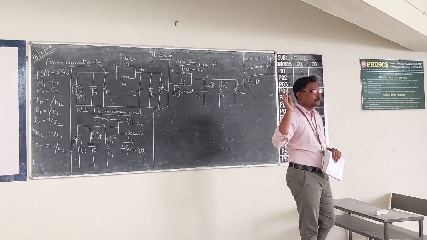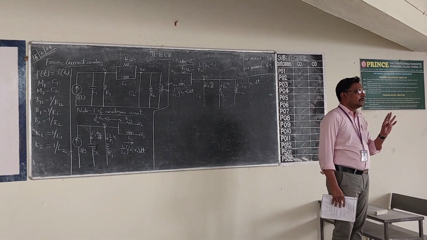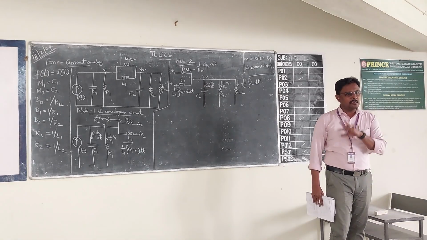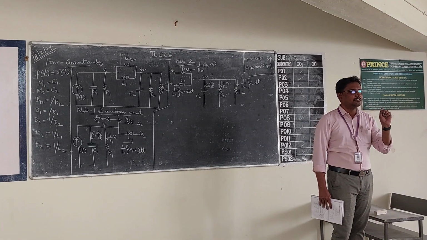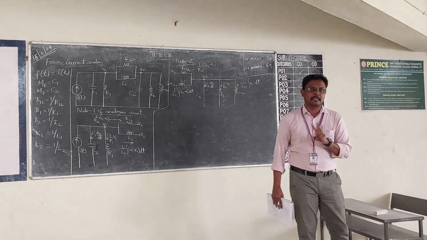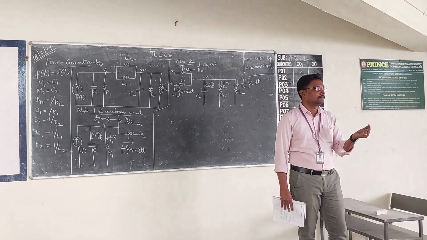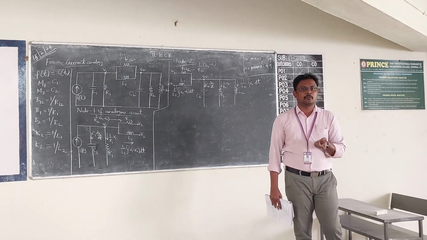So it is not necessary that first loop தான் source இருக்கணும். Second loop ல source இருக்கலாம். If the applied force is present in the second mass, first mass force இருந்தா first loop ல source வரும், second mass ல force இருந்தா second loop ல source வரும்.